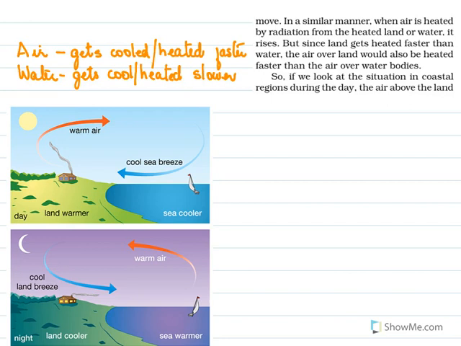So now during the day, we have the sun out here. The land gets warm much quicker, and because the land is warmer, the air above it is also warm, and because the air above is warm, it rises up, and there is an area of low pressure on the land. While the sea is still cool, is colder.